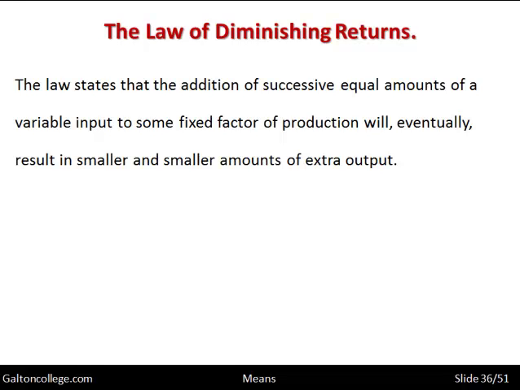However, what the statement is saying is that if we add more and more workers to a situation where there's a fixed quantity of capital and a fixed size for the production that takes place, if we add more and more workers, initially output will increase. More workers leads to more efficiencies.